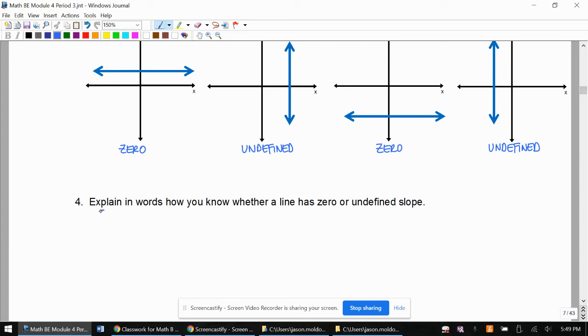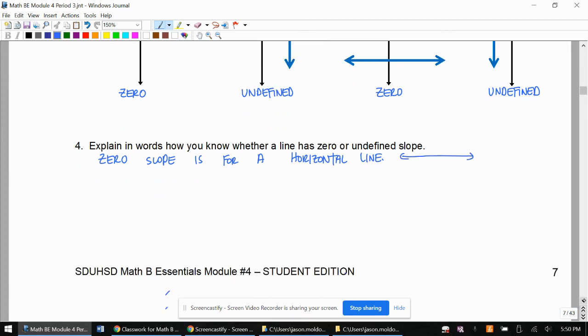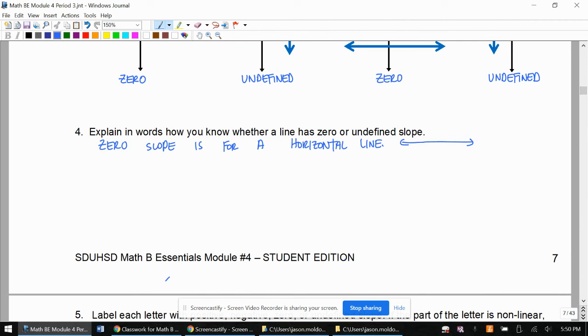So we'll write ourselves a little note here. 0 slope is for a horizontal line. We'll draw a picture as a reminder of what horizontal looks like, a horizon line.